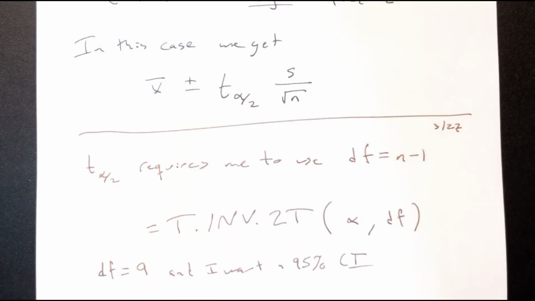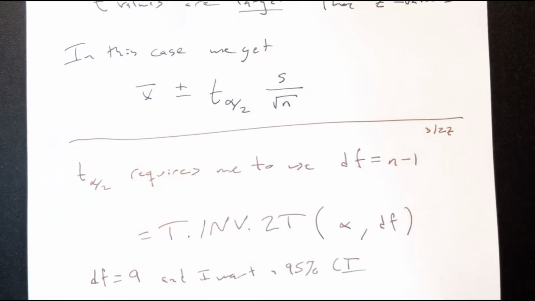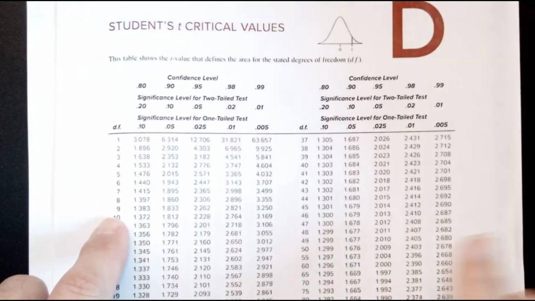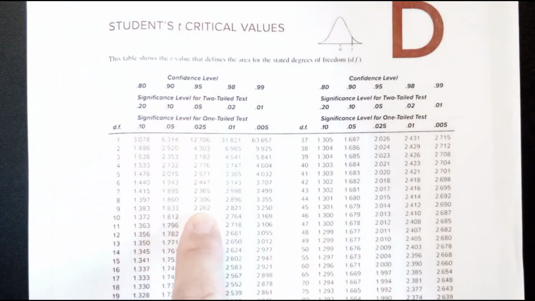If I want 95% on the calculator, I'm going to have to give it 0.975. How do I know that's the right answer? Degrees of freedom 9, 95%, 2.262.